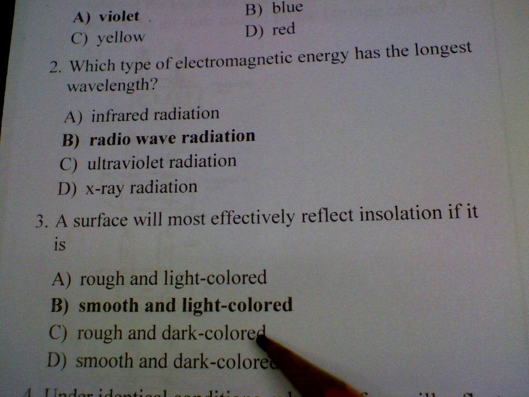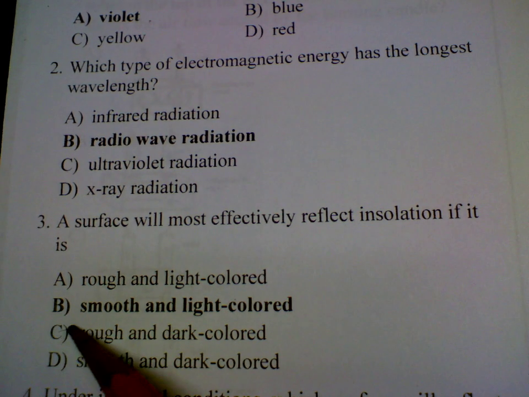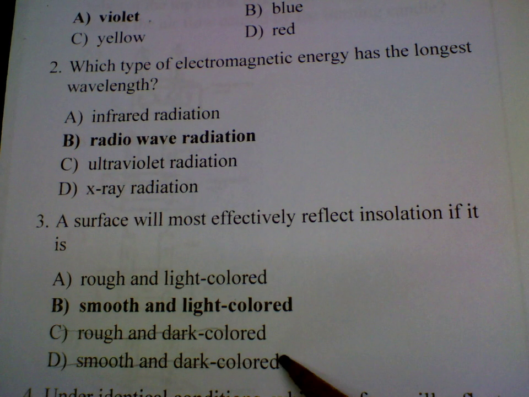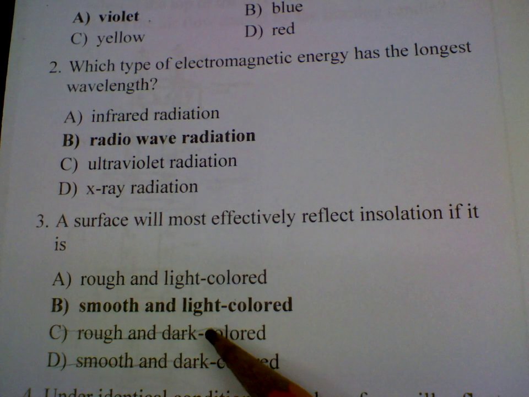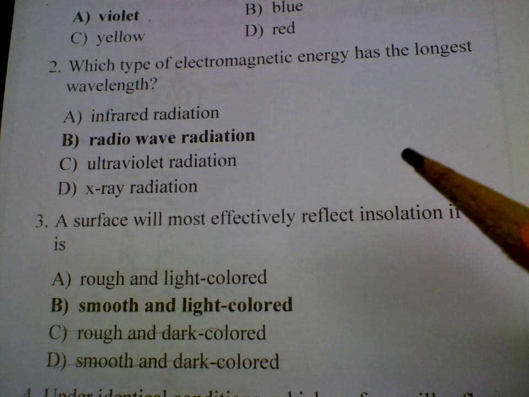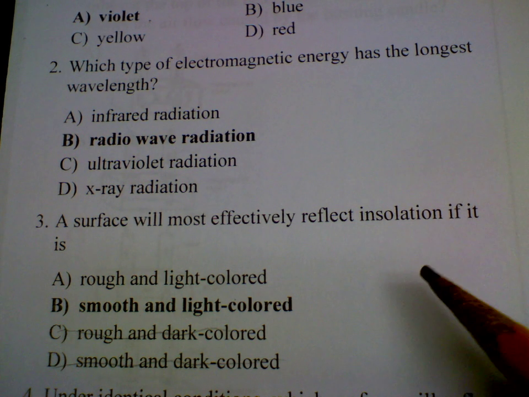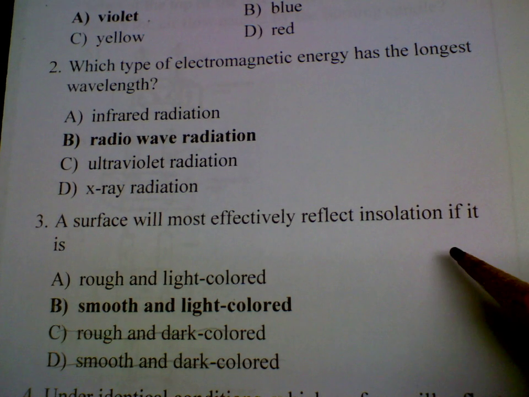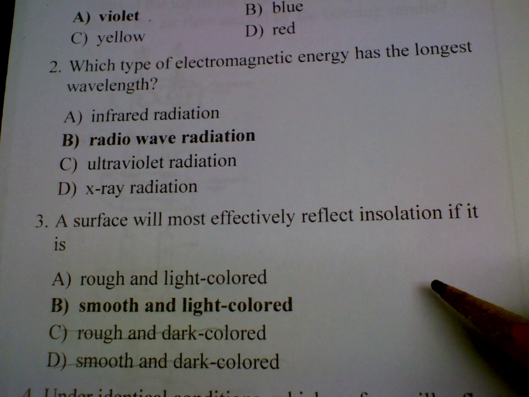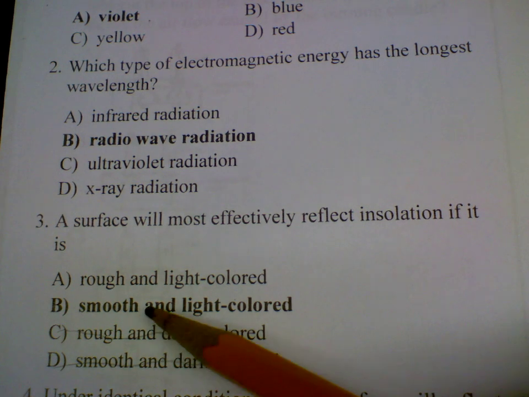So already I know in number three, for reflecting energy, I could eliminate C, I could eliminate D. I'm left with A and B, so we're down to the textures. And I don't know if you remember, but I said that the best reflector on Earth is a snow-covered field, maybe a glacier, something like ice. And just think about it, that would be a smooth texture.